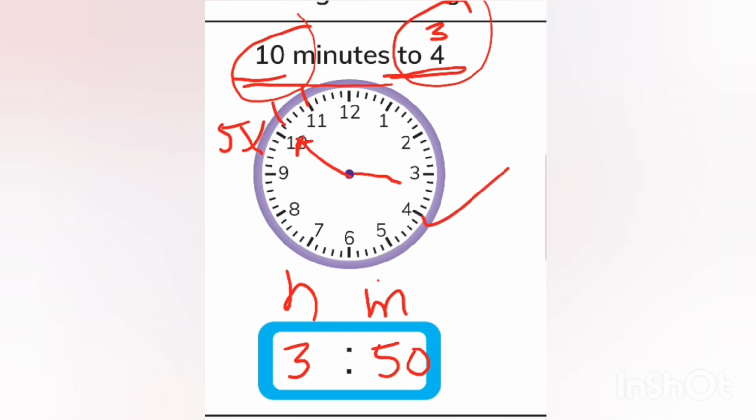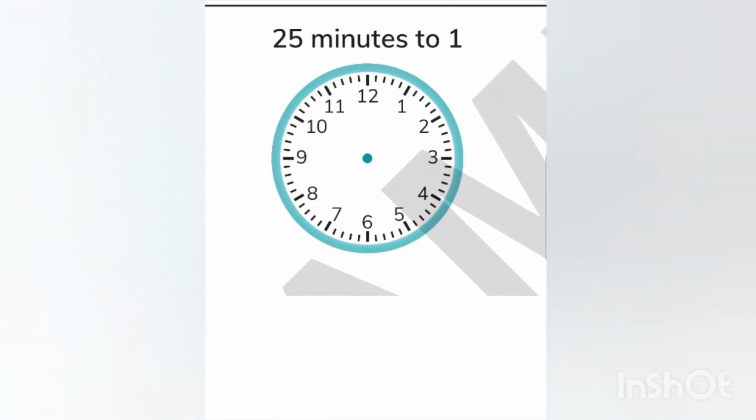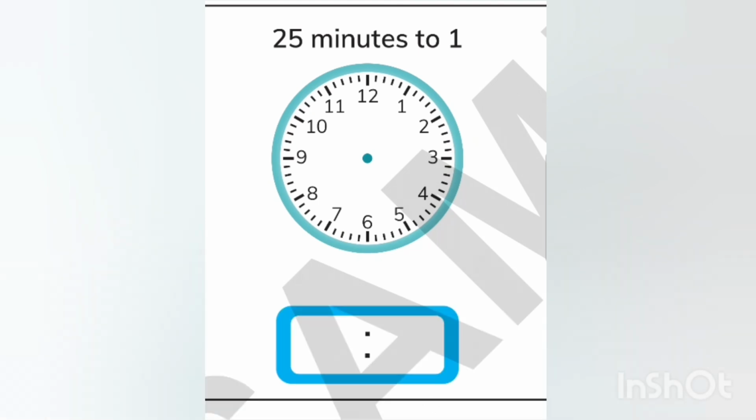Now we are moving towards another example, so that if we do practice more and more for these examples, we will come to know how we have to write. In the previous page we discussed past, but now we are learning the concept of to.